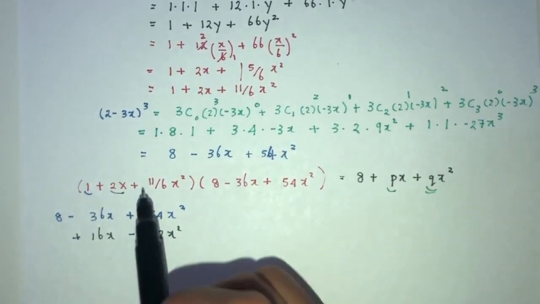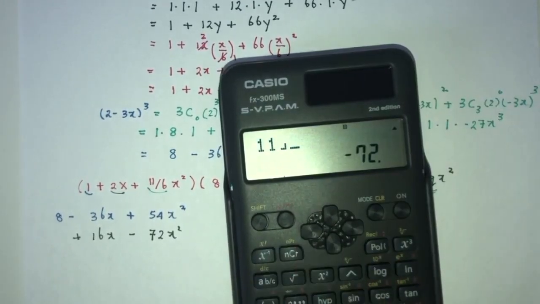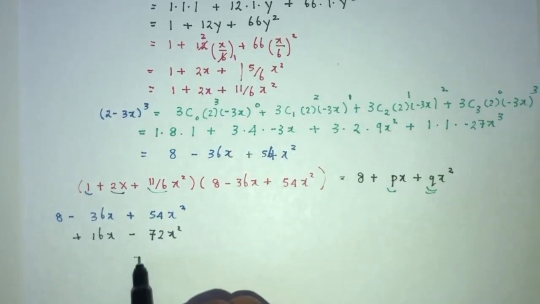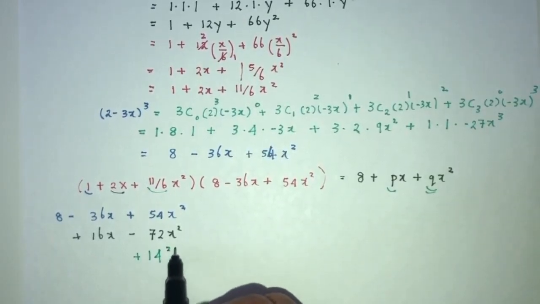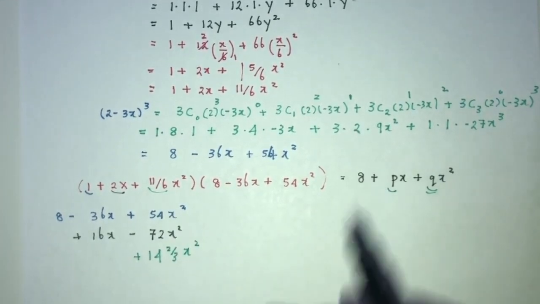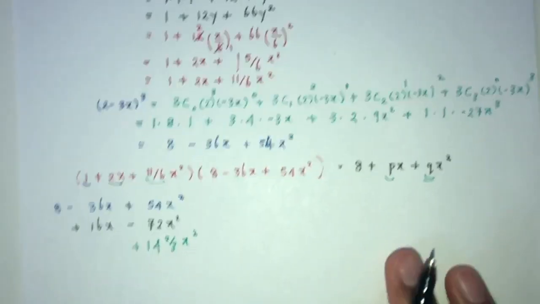Now for the last one, we take this, multiply by this, will give you what? So 11 over 6 times 8. That will be plus 14 2/3 x squared. And for the rest we don't need because it will be extra, right? Power 3, power 4, we don't really care about those.